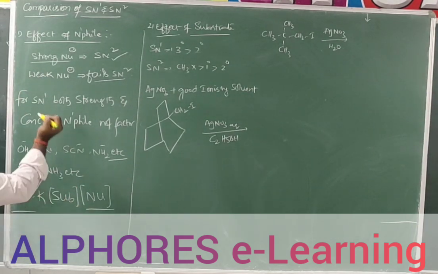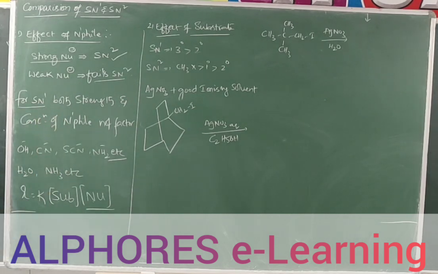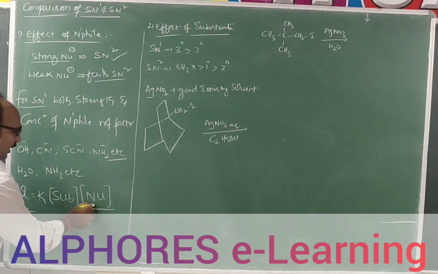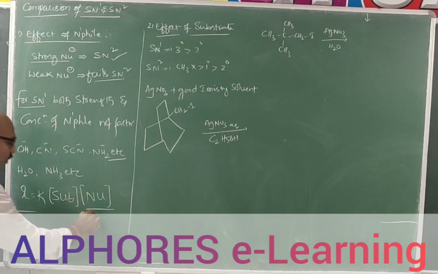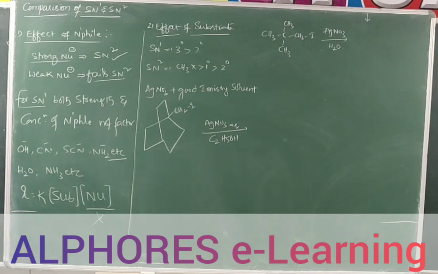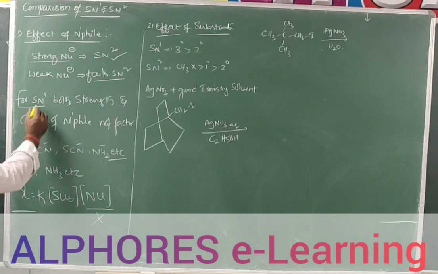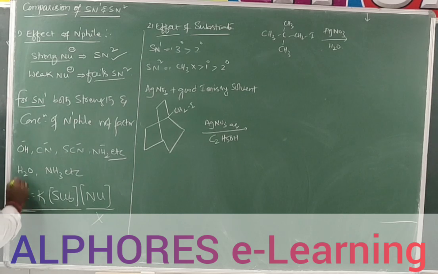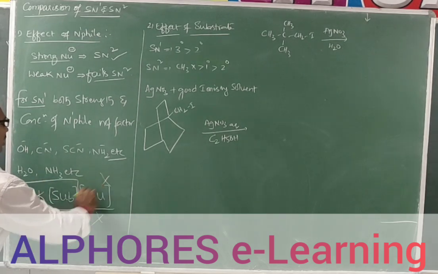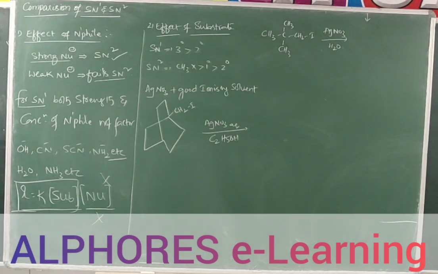Whereas for SN1, strength of nucleophile and concentration of nucleophile are both not factors. Generally a weak nucleophile favors it. And the strength of nucleophile is also not a criterion, because for SN1 the rate is proportional only to the substrate, not to the nucleophile.